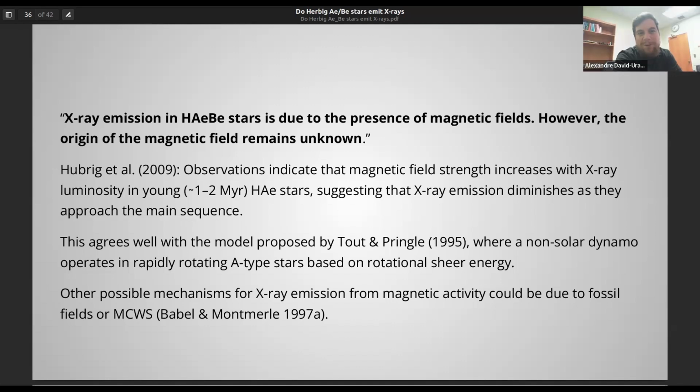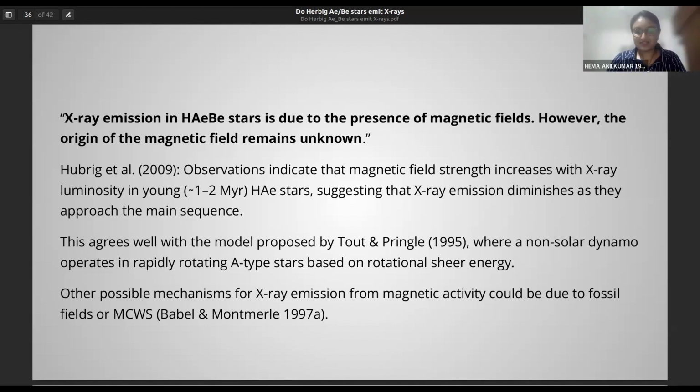So maybe I can jump in here a little bit, if you don't mind. Sure. I think what Yael is getting at here is that fossil fields and magnetically confined wind shocks are basically the same scenario. So I don't know if you put "or" here just to say that there are two ways of designating this. Does that sound reasonable, Hema?